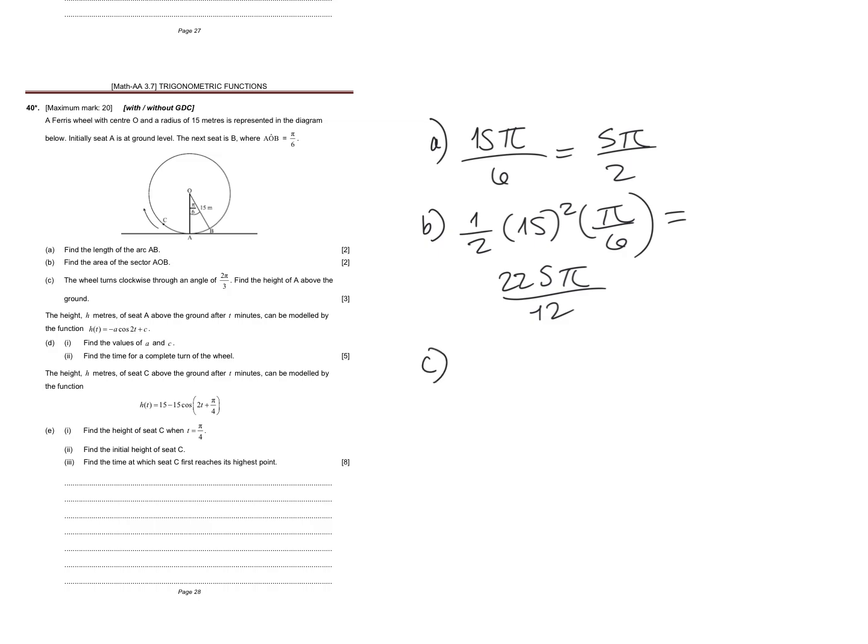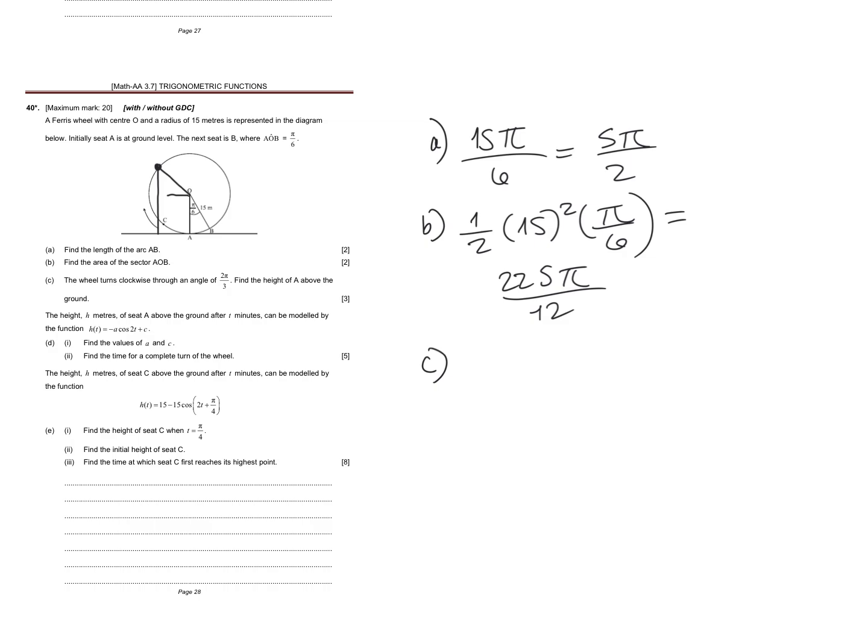C, the wheel turns clockwise through an angle of 2 pi over 3. Find the height of A above the ground. So 2 pi over 3 is going to be like here.